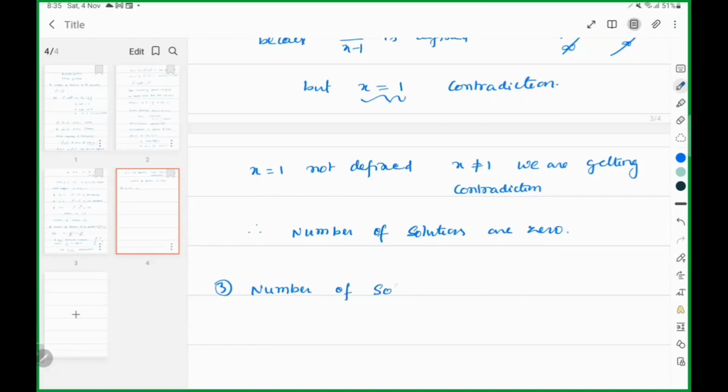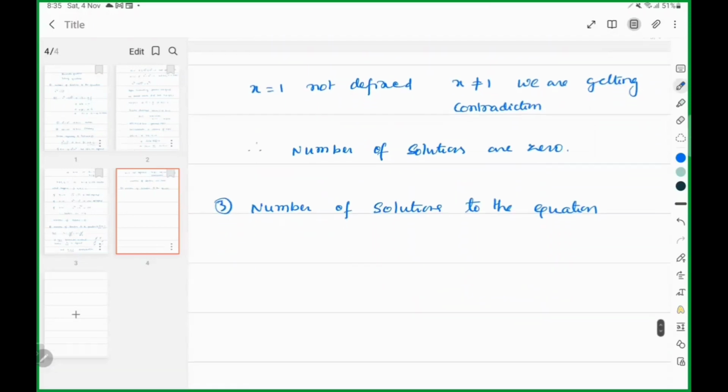Number of solutions to the equation (x square minus 5x plus 5) power (x square plus 4x minus 60) is equal to 1.